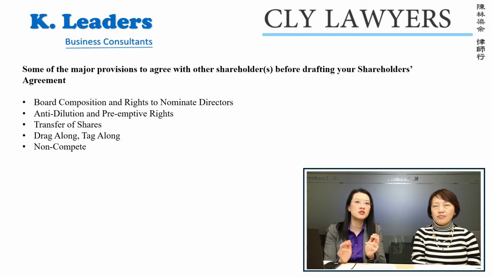So sometimes these non-compete provisions do need to be tailored to cater for such a situation, where they will carve out certain industries or certain businesses to be not competing businesses. This is just to prevent one of the shareholders from breaching the non-compete. And a lot of times this is something that a professional investor would require.